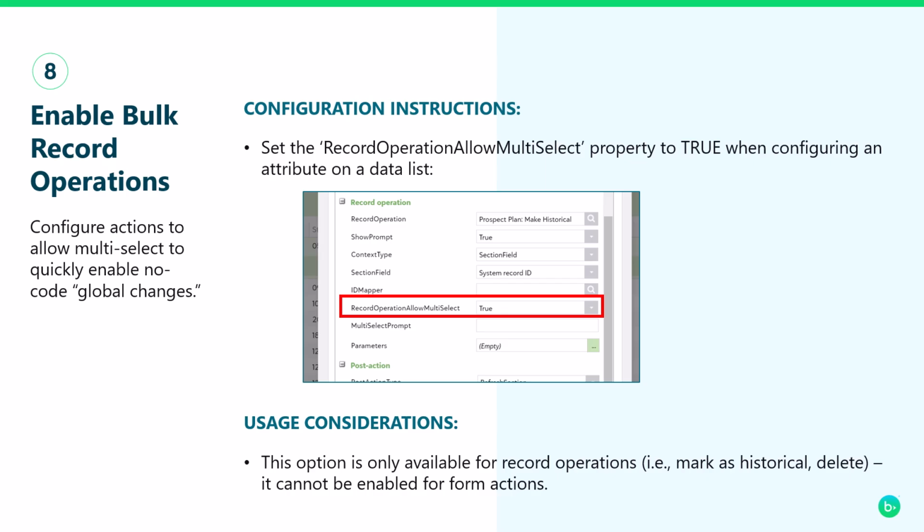One thing to note is that this functionality is only available for record operations, i.e. things that are going to be run without needing to open a form for further action or data entry. So usually limited to things like deletion or making something historical, but via the SDK, you can also potentially create record operations that would go a little further, do a little bit more, and then enable that through multi-select.